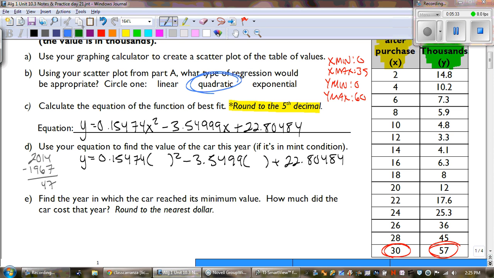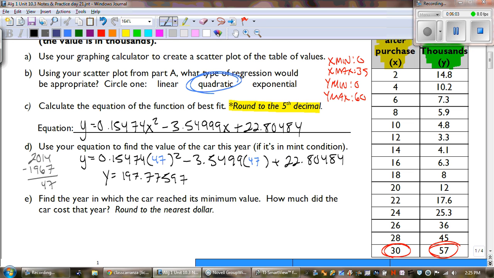Okay, you should be plugging in the 47. Don't forget about your squares. All right, and when you get that answer, after you plug it in, you should get that y equals 197.77597.